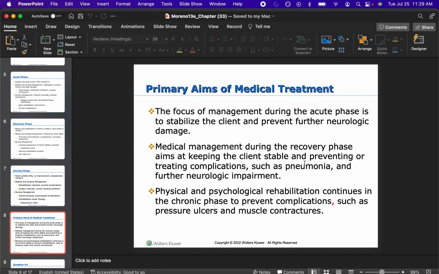In our recovery phase, we want them to at least be stable and prevent further complications or further neurological impairment. And then in chronic, keep them stable, keep them from worsening. They may not be improving like in the recovery phase, but they're not worsening.